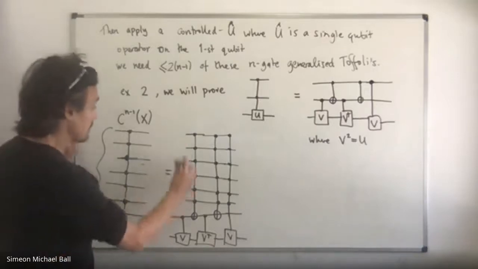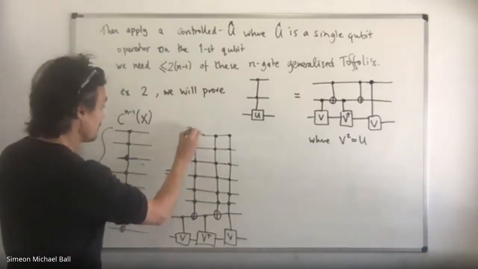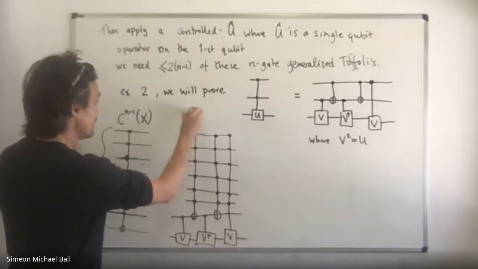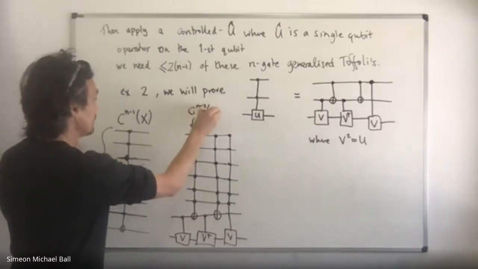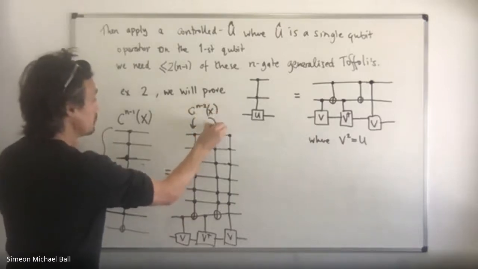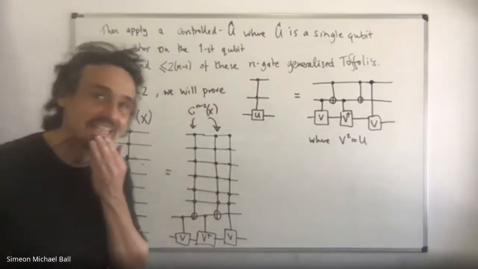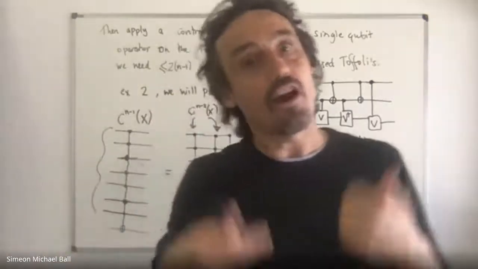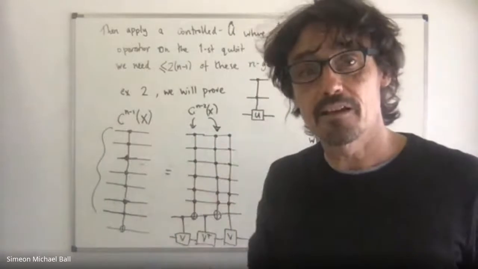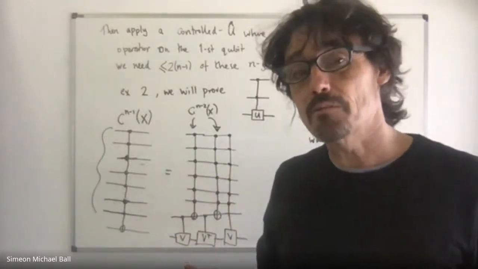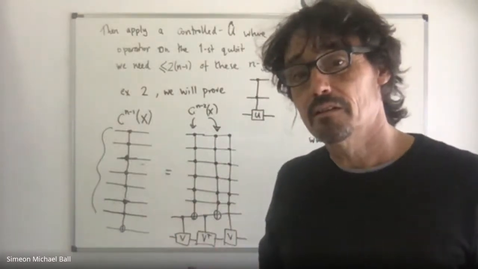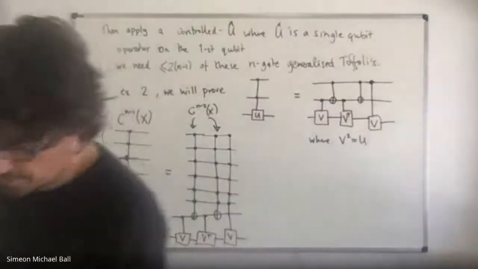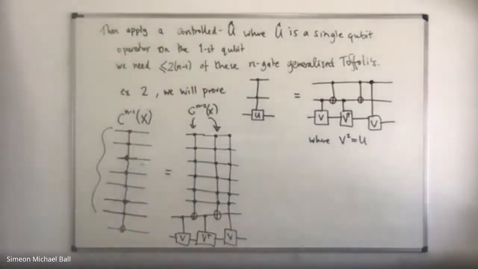And so we've now got down to C^(n-2)s, but we've got 2 of them. So if we apply this iteratively, then we're going to get an exponential number. So that's not good news, because it's not necessary.